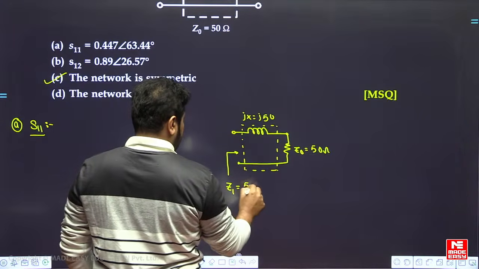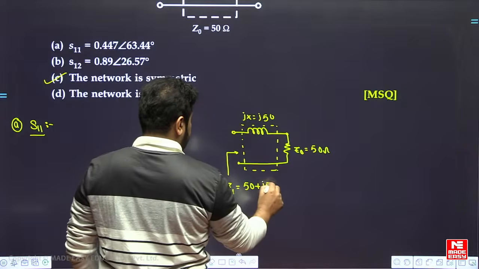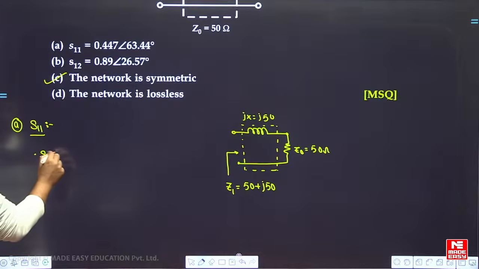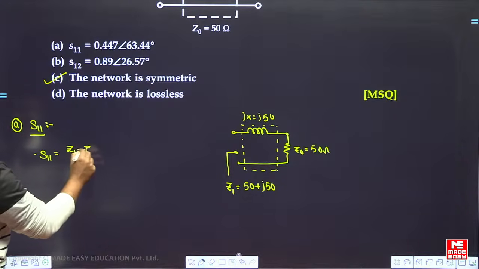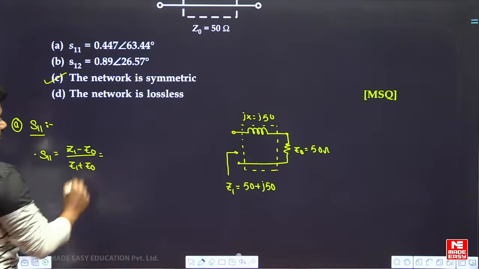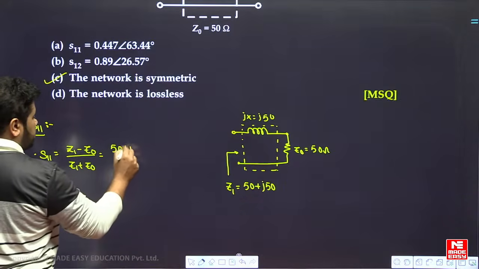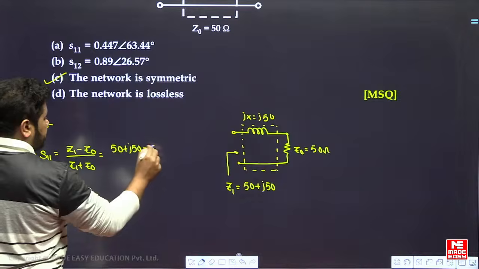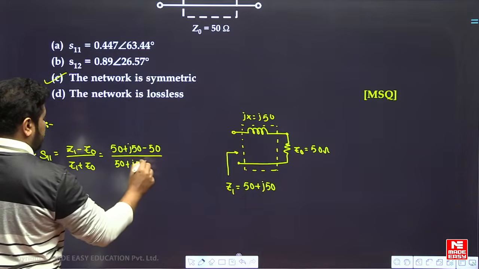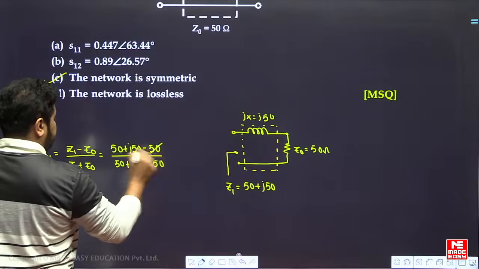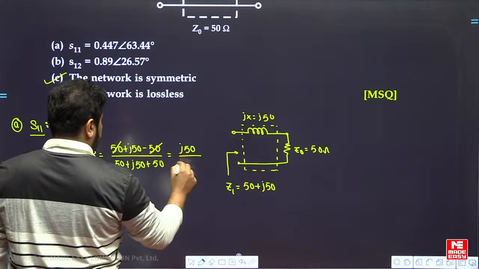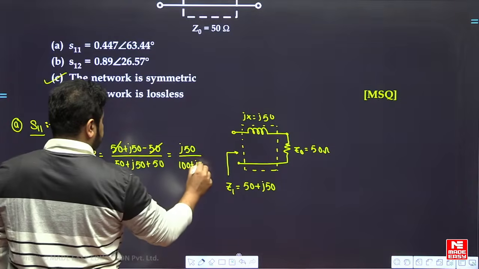Z1 is the input impedance, 50 plus j50 ohms. What is the formula of S11? S11 is equal to (Z1 minus Z0) upon (Z1 plus Z0). Z1 is 50 plus j50, so S11 is (50 plus j50 minus 50) divided by (50 plus j50 plus 50). The 50 is gone, so this is equal to j50 upon (100 plus j50).